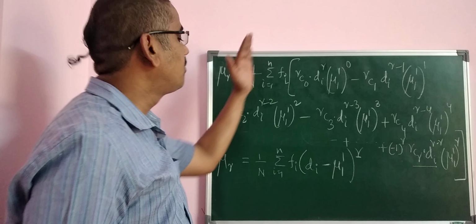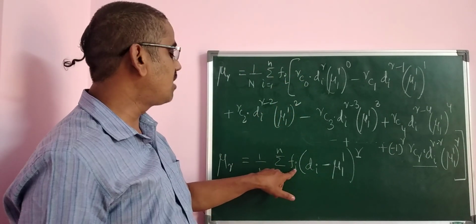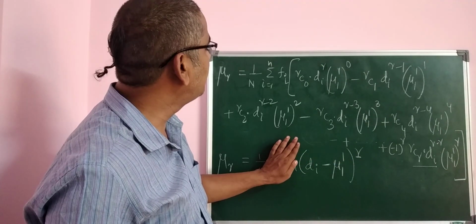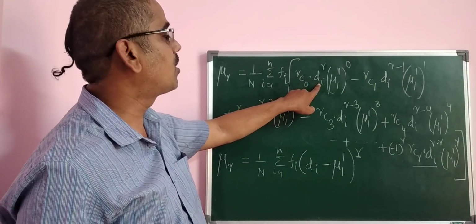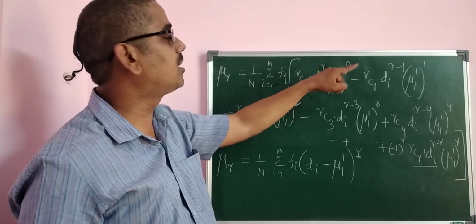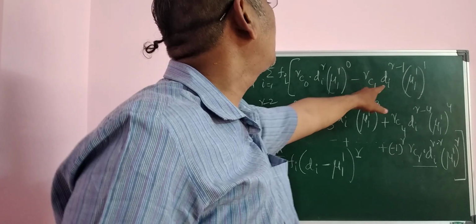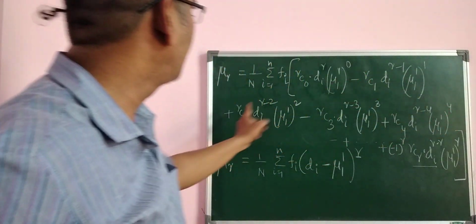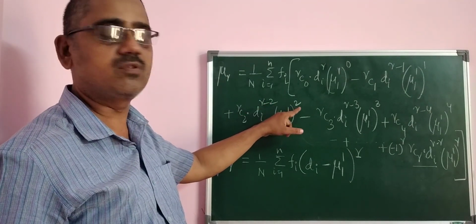So now you remember, this is the binomial expansion. You see here, 1 by n summation f_i into (d_i minus μ1') whole power r. I have expanded (d_i minus μ1') whole power r: rC0 d_i^r μ1' whole power 0, so the term is d_i^r, that is the binomial expansion. Minus rC1 d_i^(r-1) μ1' whole power 1. After that plus rC2 d_i^(r-2) μ1' whole square.